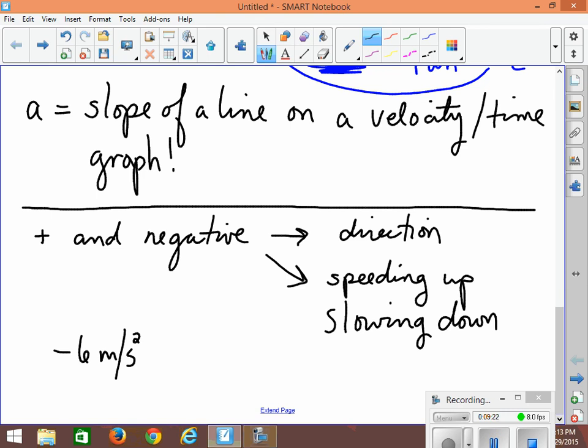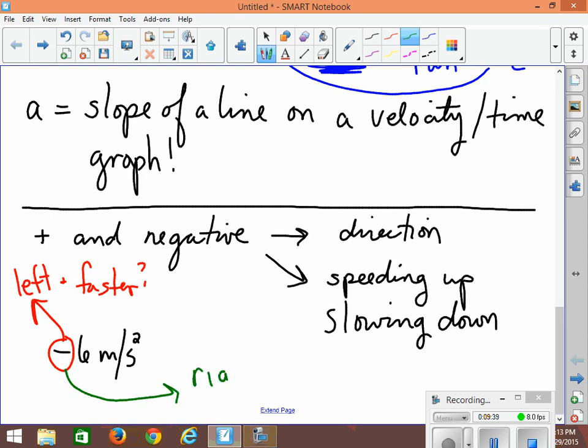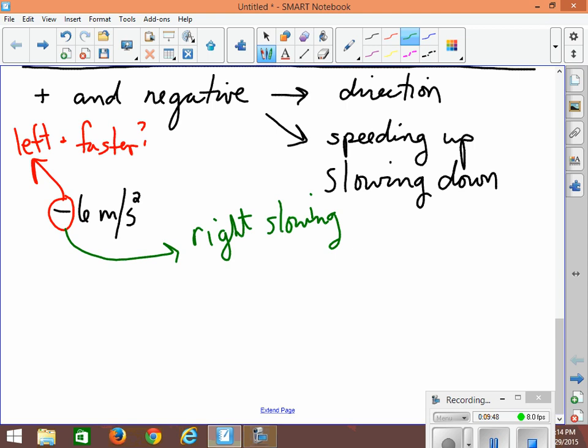Does this negative sign mean that I'm going left and faster? Or does this negative sign mean that I'm going right, but I'm slowing down? How can we tell the difference? And that's what we have to kind of think about when we do accelerations.